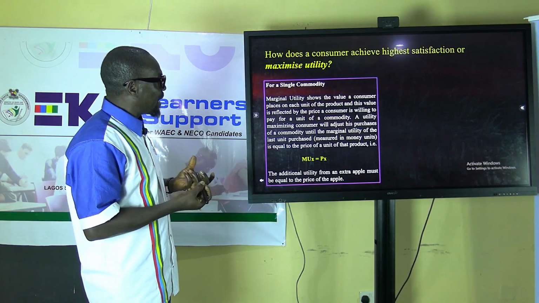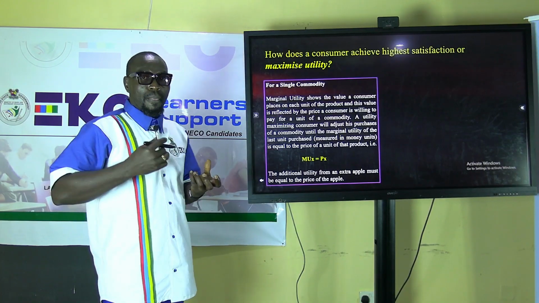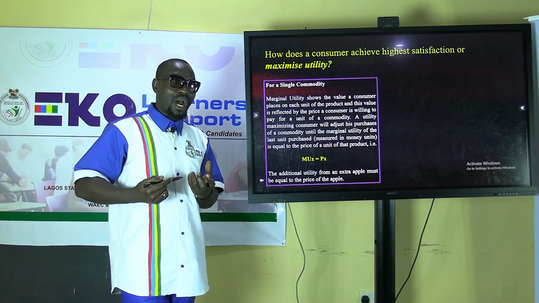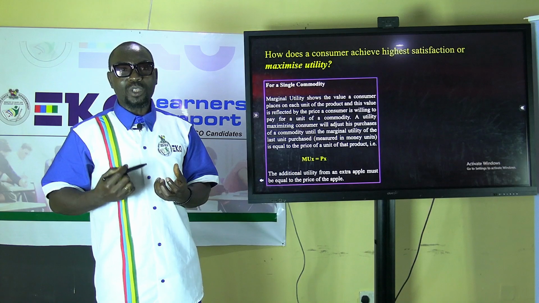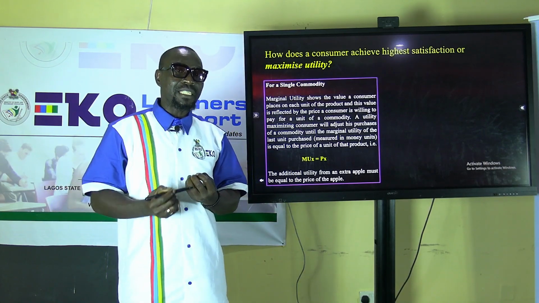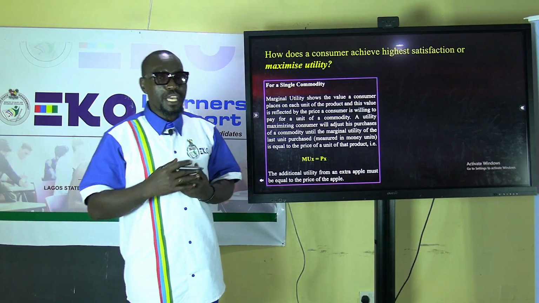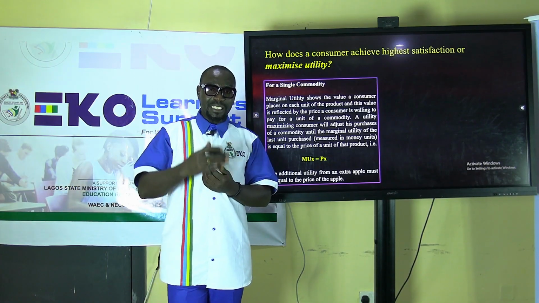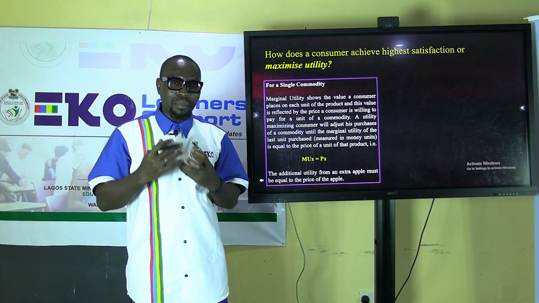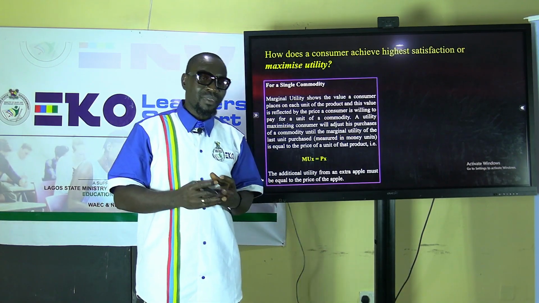This is explained by the fact that the consumer is willing to pay more and more for the product up until when it gets to the price, or rather the market price of the product. So if the price of the product is less than the market price, the consumer typically will buy more and more of the product.